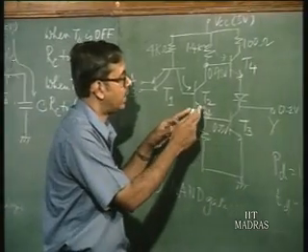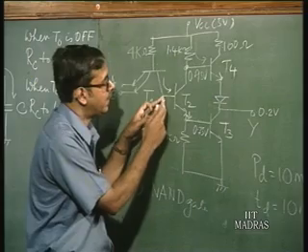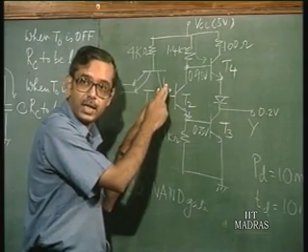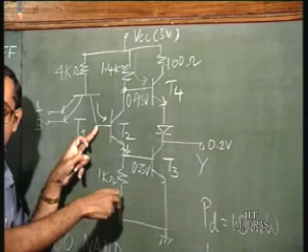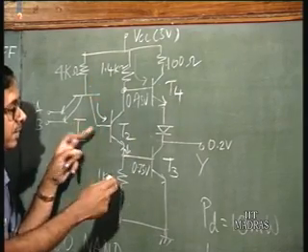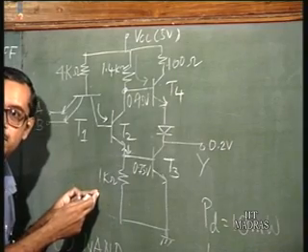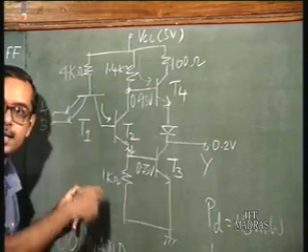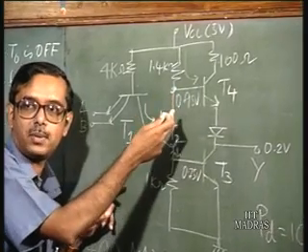What happens is, when this input is changing, this circuit behaves as an amplifier, and this amplifier has a gain. If you have a collector resistance of 1.4 k and emitter resistance of 1.1 k, at the collector point it is a gain of about minus 1.4.